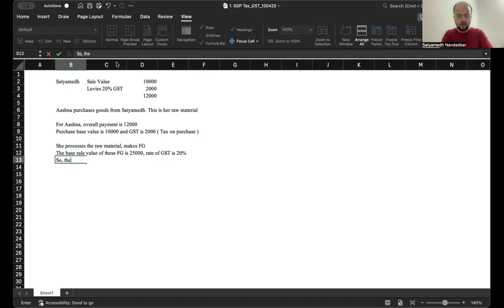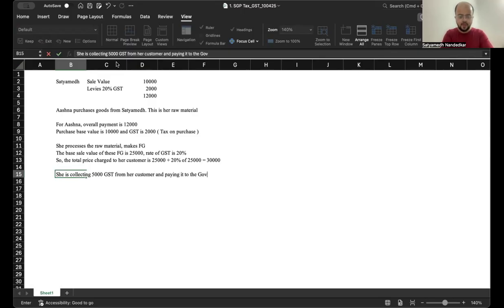So the total price charged to her customer is 25,000 plus 20% of 25,000, which is 30,000. Now you see, she is collecting 5,000 GST from her customer and paying it to the government.